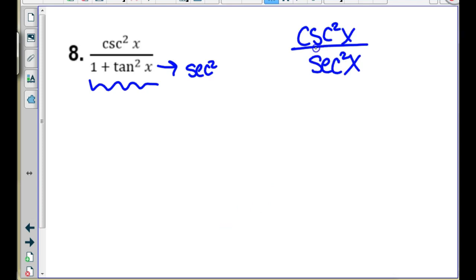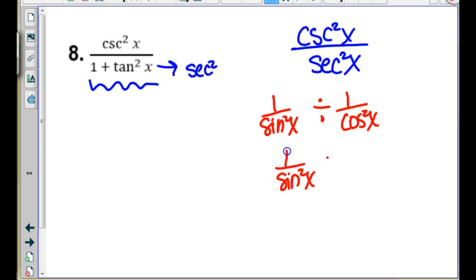Yep, we can change it to sine and cosine. What's cosecant squared? So we have a 1 over sine squared divided by, you know what? I'm going to do it this way. I'm going to write it's 1 over sine squared, and it's being divided by, right? What is secant squared? You don't have to write it that way, but it's easier for me because now I'm going to do what? Yeah, flip the second one over and flip it to multiplication.